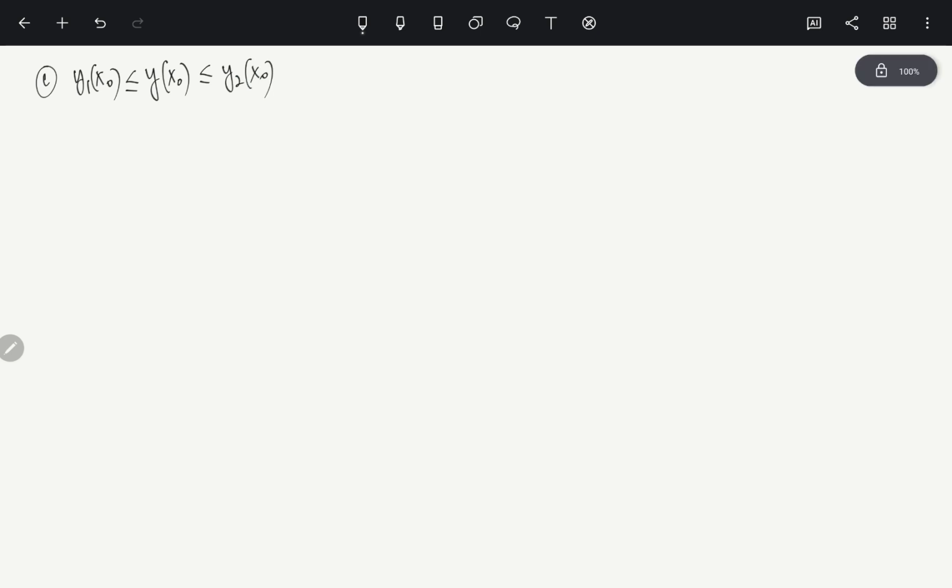Let's just assume this. Then as earlier, if it is dominated at the initial data, it will be dominated everywhere. So y1 of x is dominated by y of x, which is dominated by y2 of x. Clear? This holds for all x in the open interval x naught to x naught plus a.